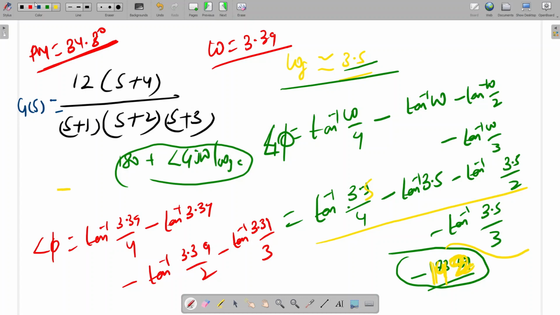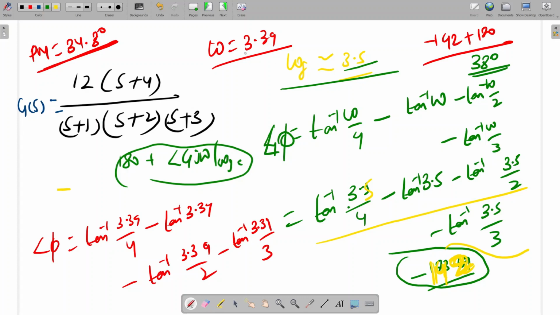So minus 142 plus 180. How much are we getting? Almost 38 we are getting. Okay, 38 degree. So some error is there, because this 3.5 is maybe not correct.